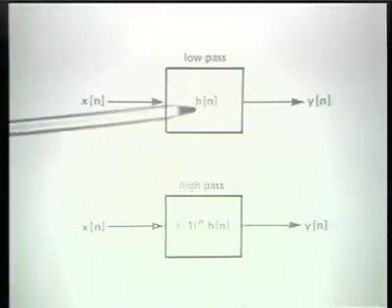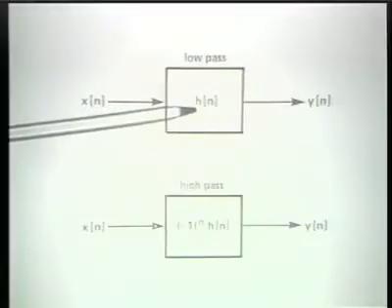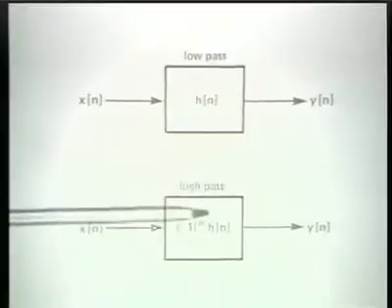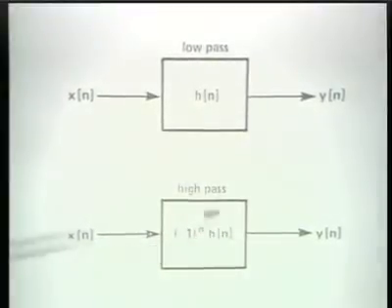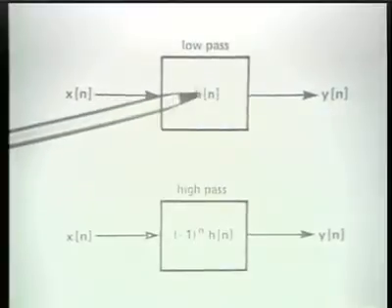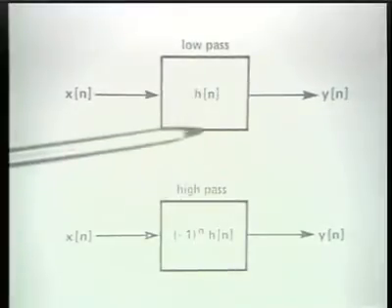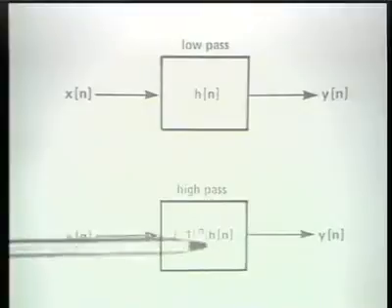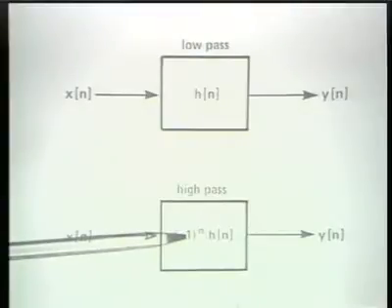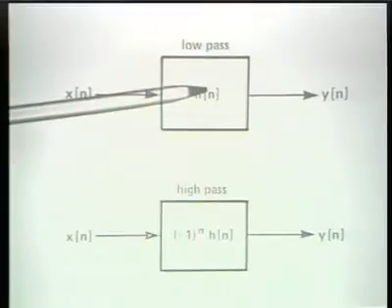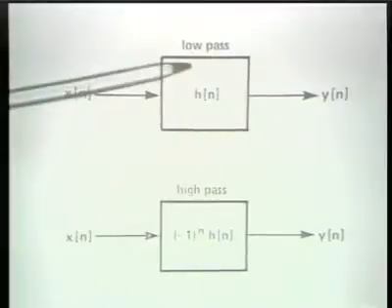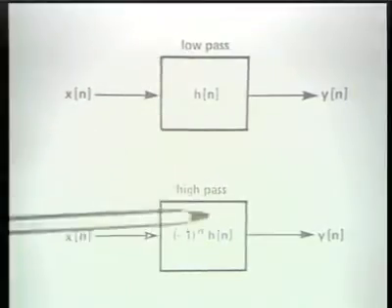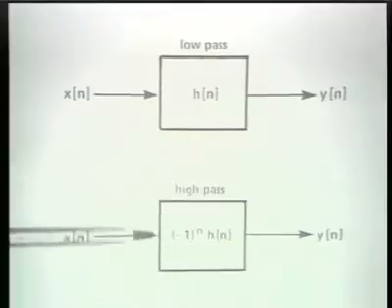If we want to convert that to a high-pass filter, we can do that by generating a new system whose impulse response is -1 to the n times the impulse response of the low-pass filter. And this modulation by -1 to the n will take the frequency response of this system and shift it by pi so that what's going on here at low frequencies will now go on here at high frequencies.